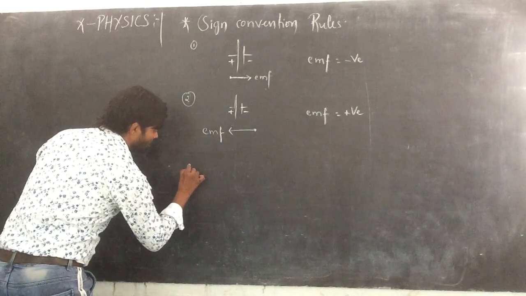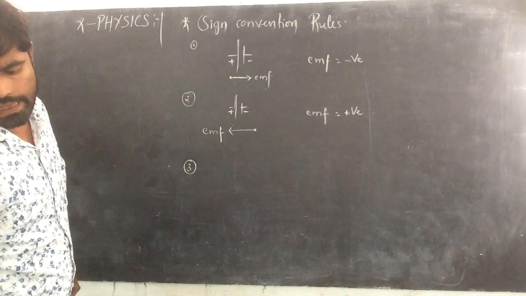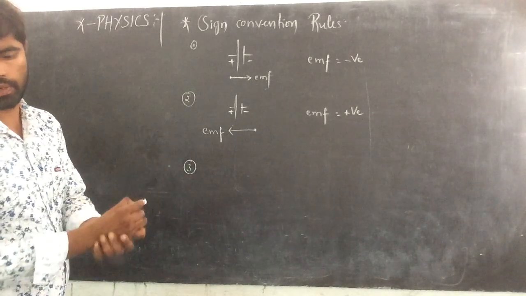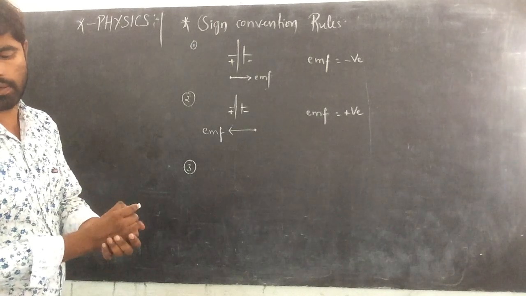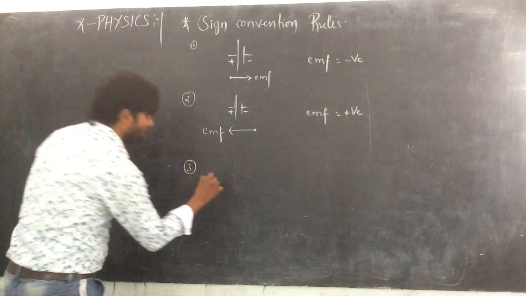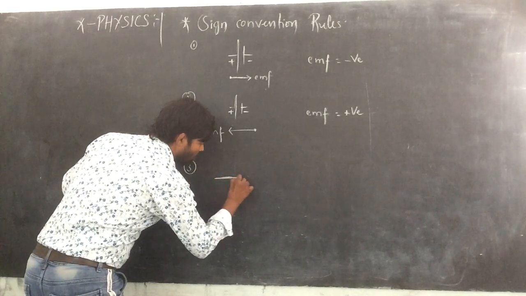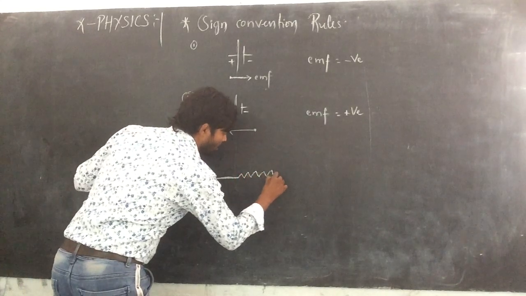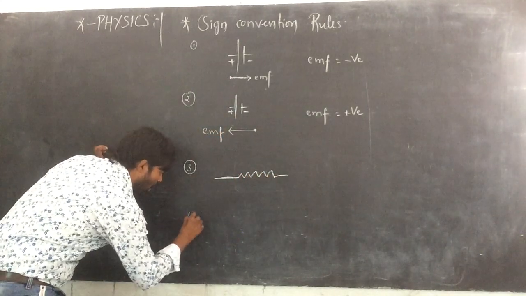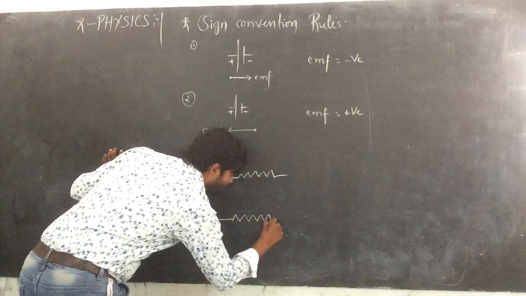Next, the third case. What is the potential difference across the resistor, and how will it vary? The situation is, this is a resistor, this is a resistor, and this is also a resistor.